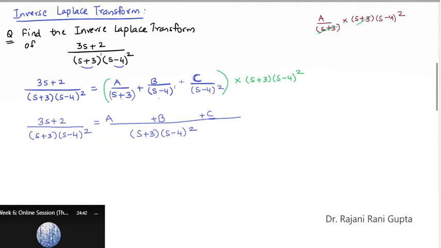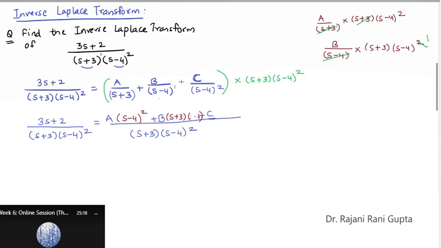S plus 3 cancels, you are left with (s minus 4) power 2. So with A you will get (s minus 4) to the power 2. If you are able to do this directly, it's fine, you can do that, but don't make a mistake. Similarly for B, if we check (s plus 3)(s minus 4) power 2, then this is s minus 4 and this power cancels, you are left with 1. So it is (s plus 3)(s minus 4).